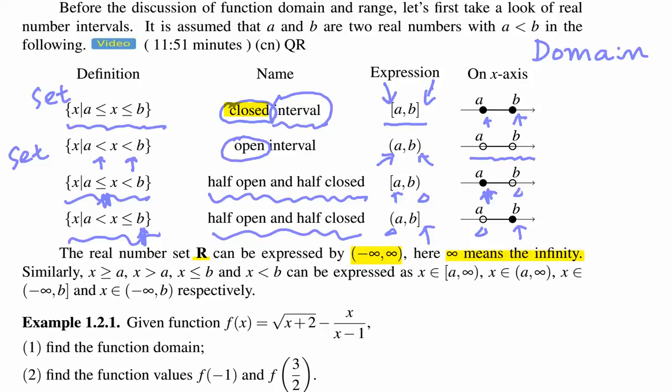Be careful here: when you use infinity, you need to use a round bracket. Because negative infinity and positive infinity are not really two points. They are not included anyway. Okay, that's a little bit delicate.